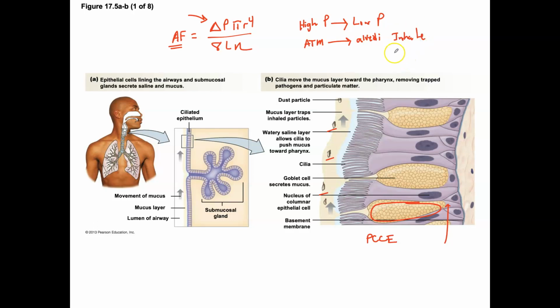And we're going to use a muscular pump to do that. If the pressure is greater in the alveoli, so if we have high pressure in the alveoli compared to a lower pressure in the atmosphere, then air will flow out of the respiratory system, and that will be an exhale. And so we can use the musculature in order to achieve differences in pressure. So a muscular pump will create the pressure gradients.